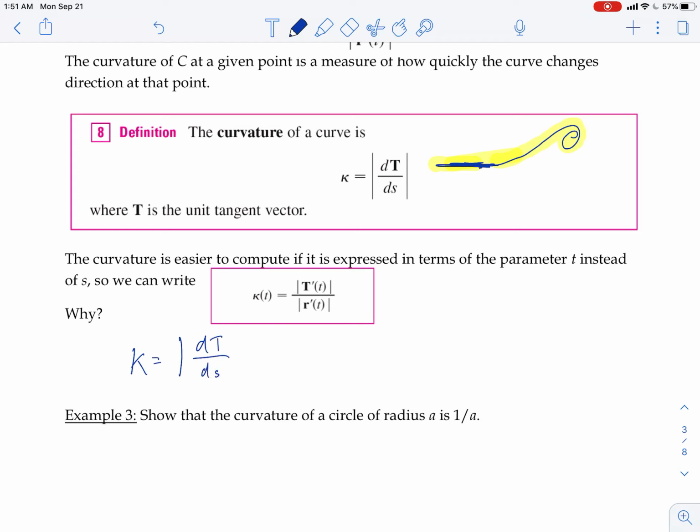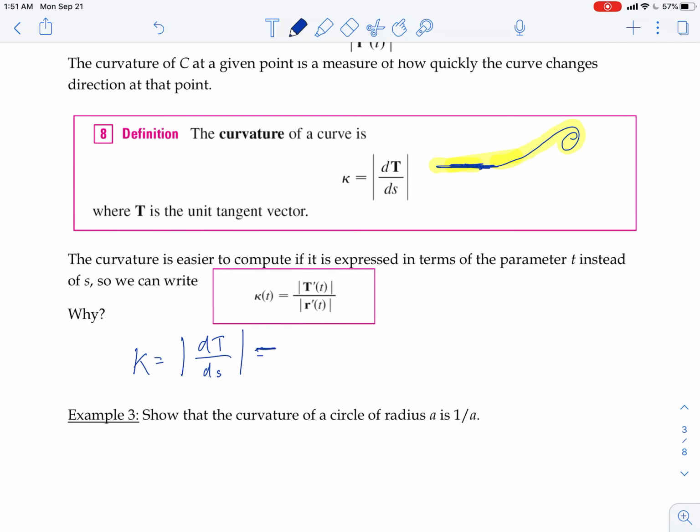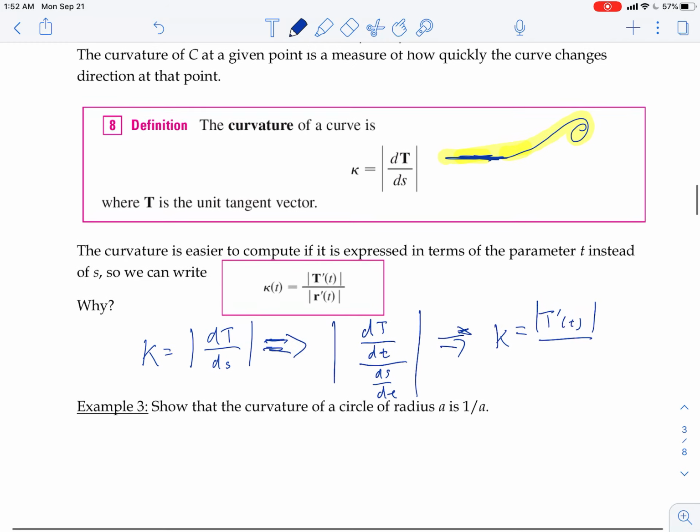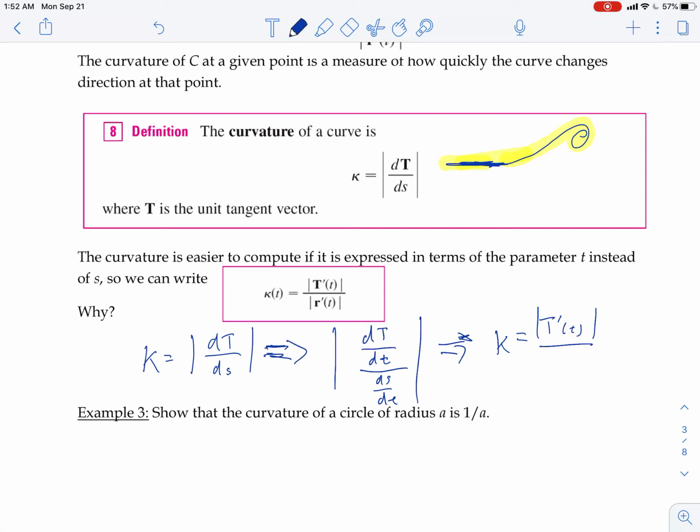So if kappa is equal to dT over ds, and we're taking both of these with respect to time, then we get dT over dt over ds over dt. That gives us kappa, and then the derivative of the unit tangent T of t, and ds over dt.